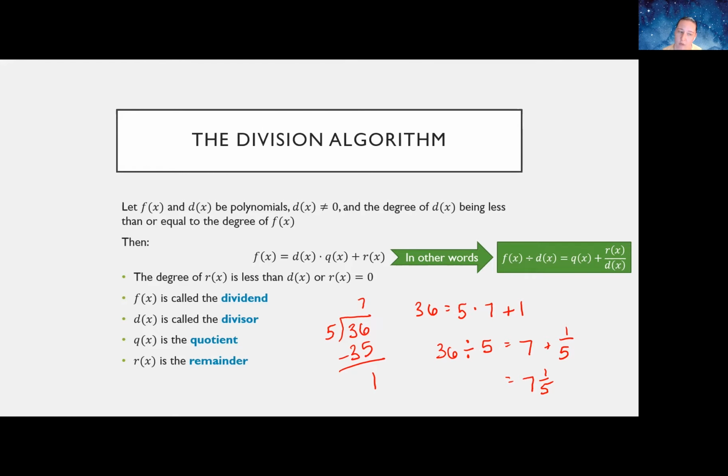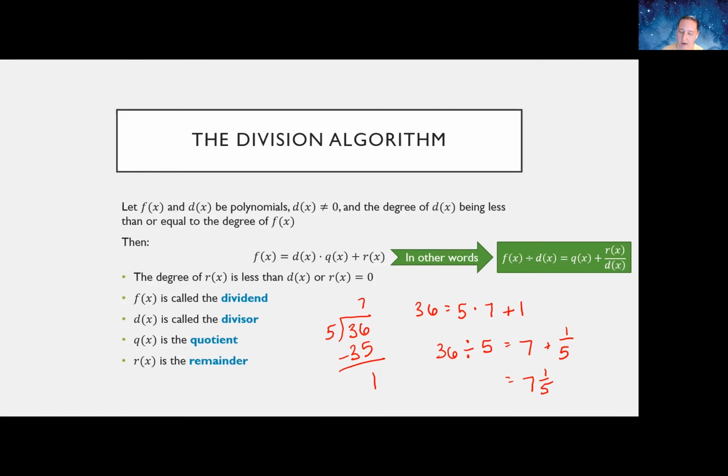That's why that's q of x. And then you add on your remainder. That's why that's r of x. There are some questions where you'll have to identify what is the quotient, what is the remainder, what is the divisor. So you have to understand the terminology and what that means. Seeing it with actual numbers might help versus seeing it in function notation.